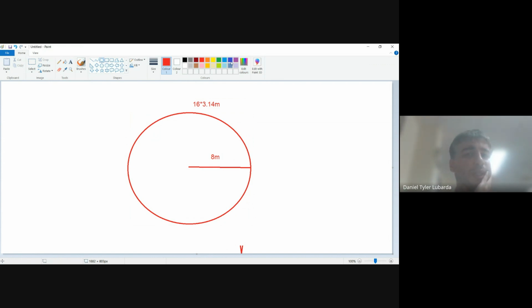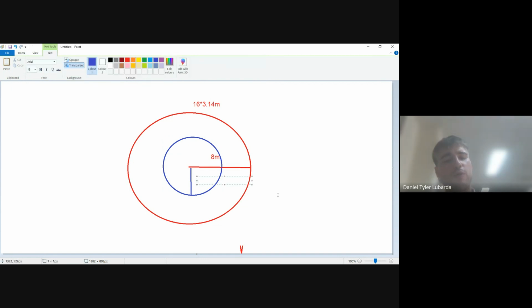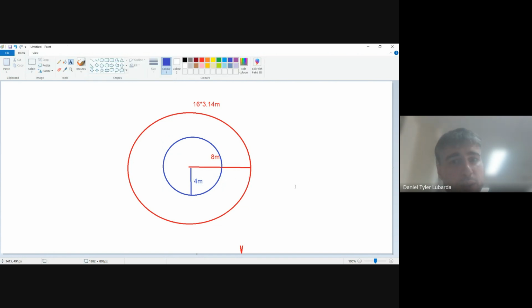Now, let's see what happens when we go inside the circle. I'm trying to make it half, but my artwork's not particularly good. Let's see what happens now if we go here, and now we have a radius of 4 meters. And now, what's our circumference?